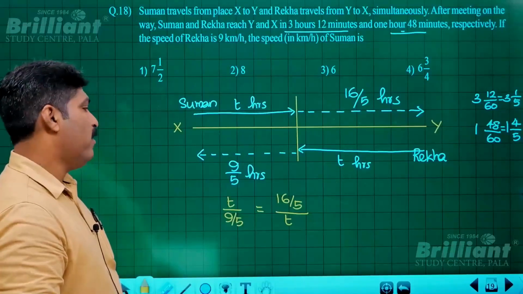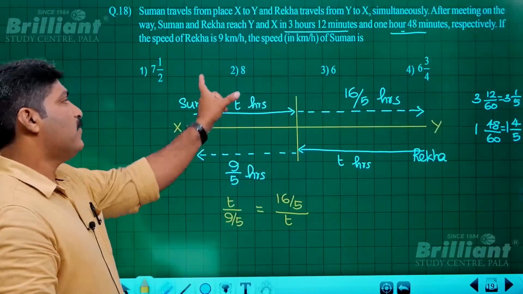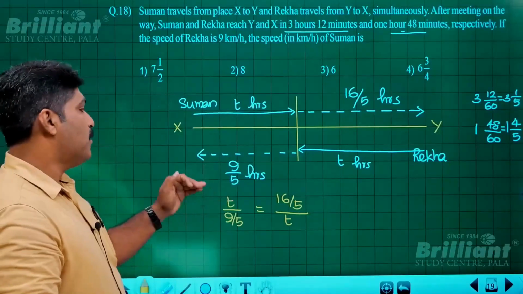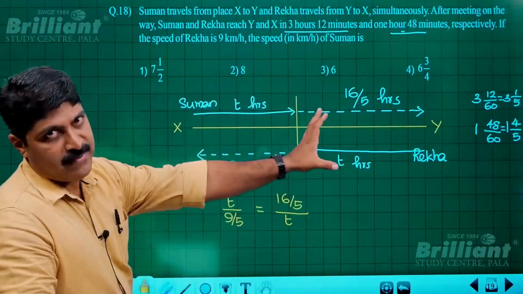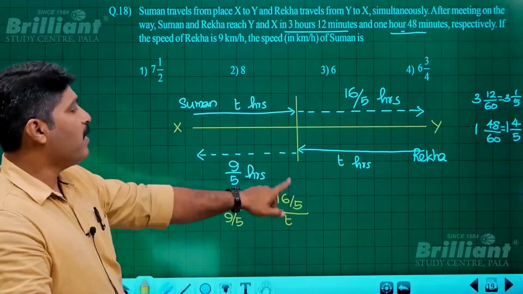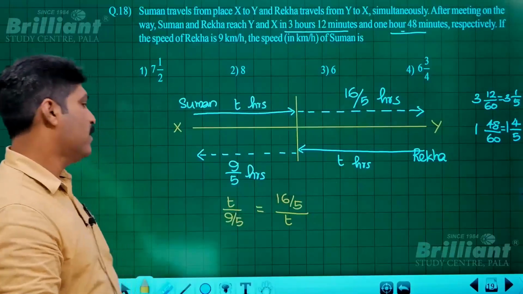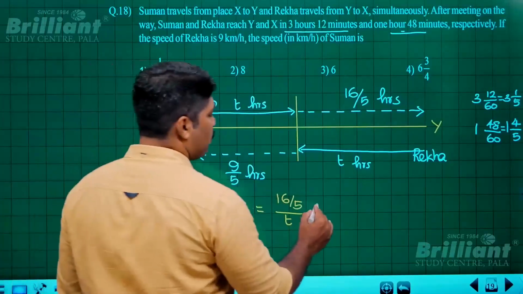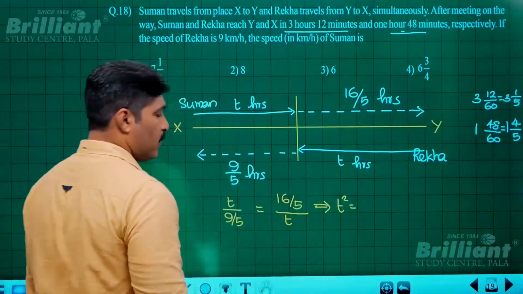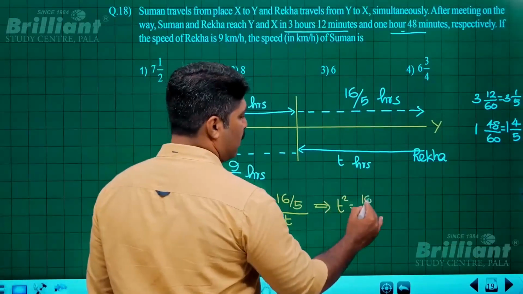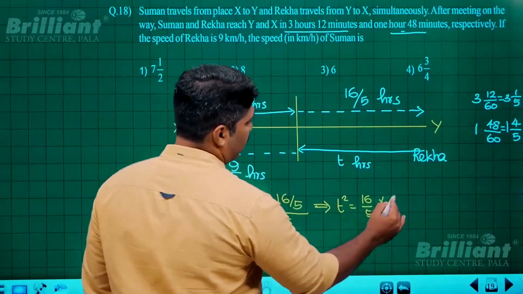Sure. Whenever we consider two different distances, the times are in this ratio for the first distance, and for the other distance, when the distance is constant, the time will be in this ratio, so we can equate these two time ratios. When equating them, you will get T square equal to 16 by 5 into 9 by 5.